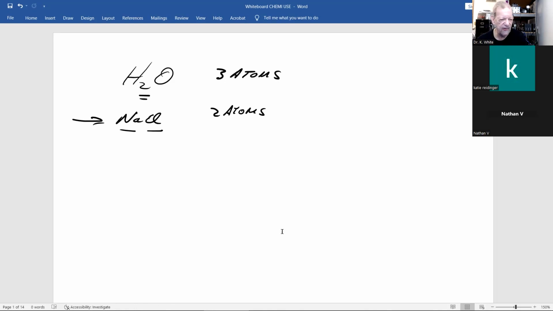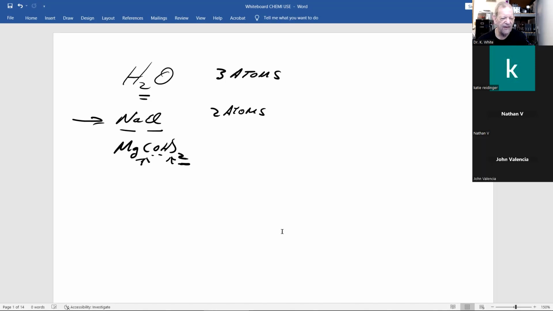All right, now one other thing I taught you was, this is magnesium hydroxide. And when you have brackets and atoms inside the bracket, you look at the number here and notice I have one magnesium, but now I have 1 times 2, 2 oxygen, 1 hydrogen times 2, 2 hydrogen.